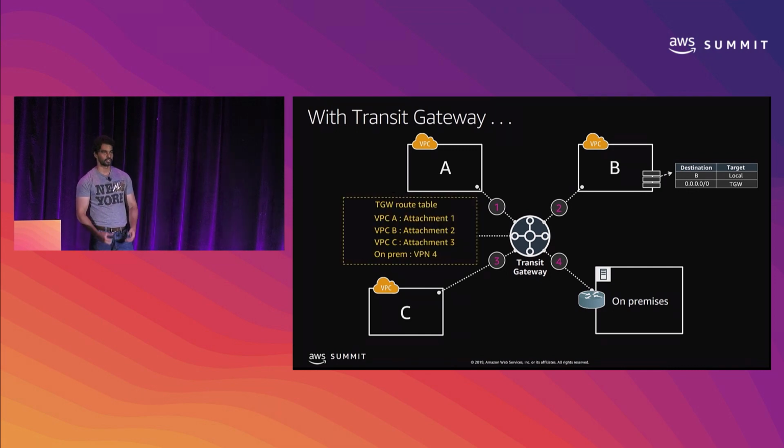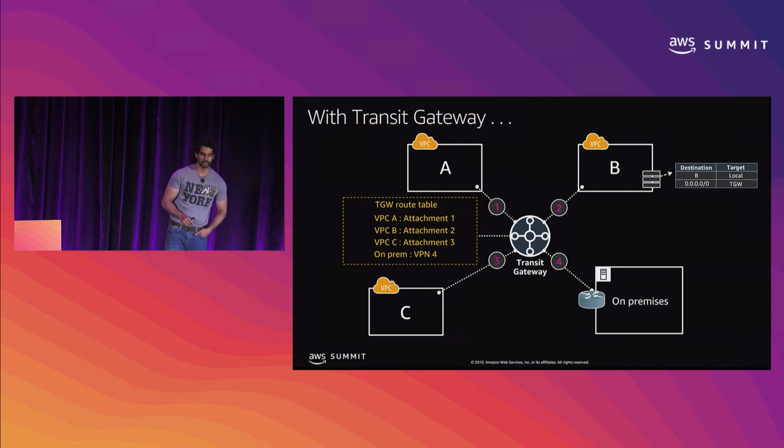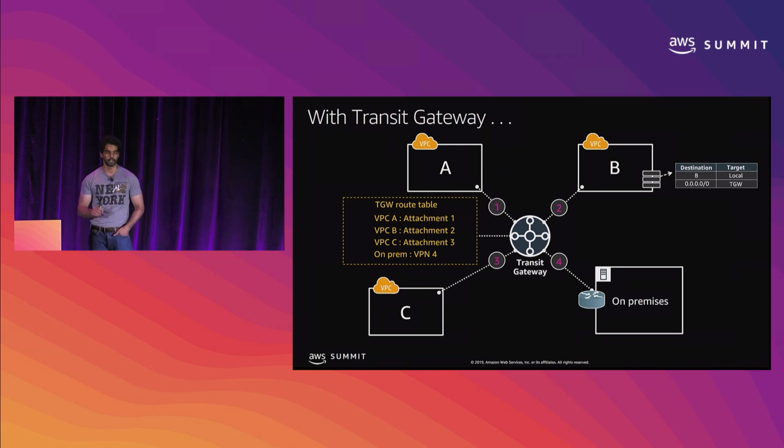Transit Gateway has its own route table where it knows exactly where each and every network is and how to reach it. So here it has VPC A accessible through attachment 1, VPC B through attachment 2, C through attachment 3, and finally on-premises through VPN. Right? So send traffic to Transit Gateway, it knows where and how to send the traffic.